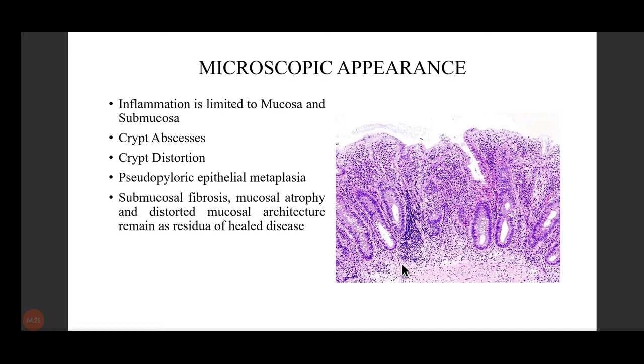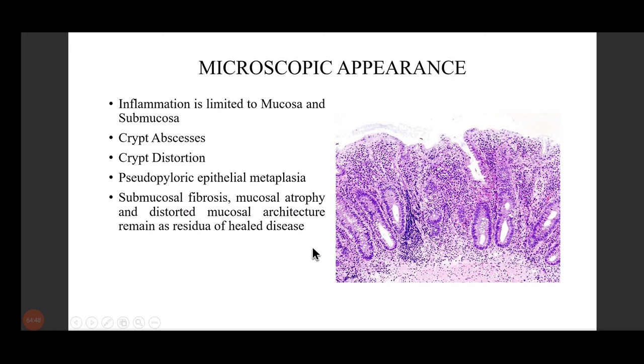Okay, then pseudopyloric metaplasia. What is pseudopyloric metaplasia? Anybody? So good. Pseudopyloric metaplasia is seen in ulcerative colitis, but is most commonly associated with Crohn's.